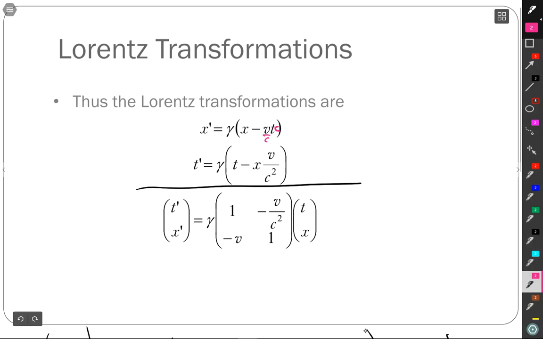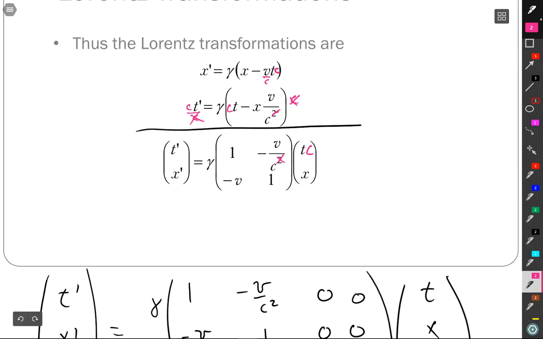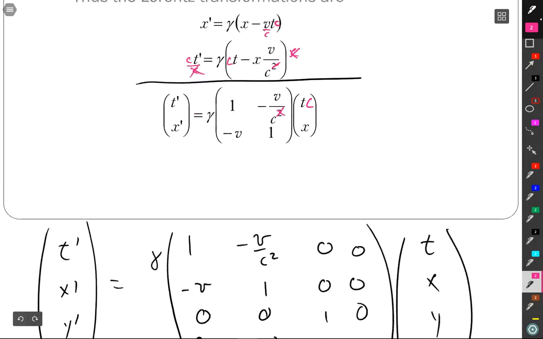And so if I make it TC, I'm going to have a C on top, which cancels that C. And then down here, this over C is the same as multiplying this side by C. Then that C comes in here, it's CT, comes in here and cancels one of those. And so now this 1 remains a 1, and this V becomes a V over C.